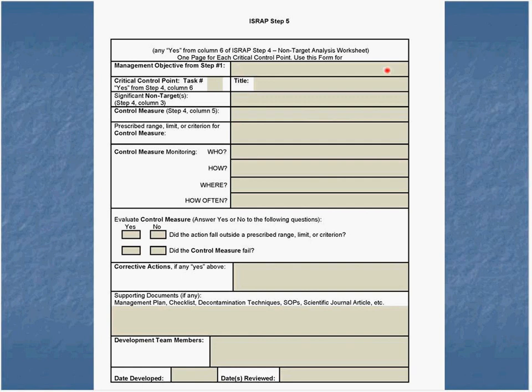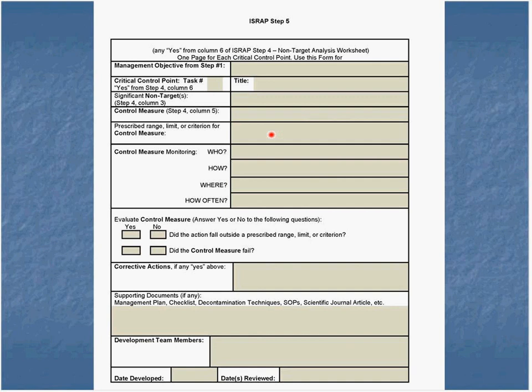Your management objective in here, the task number, the targets, the control measure, and the range, limit, or criterion for the control measure. This prescribed range, limit, or criterion for the control measure is one of the sticking points from the past.